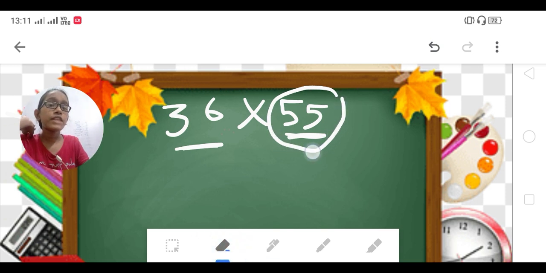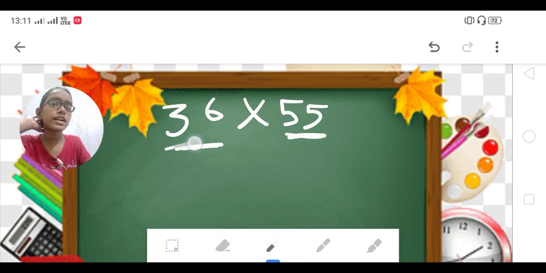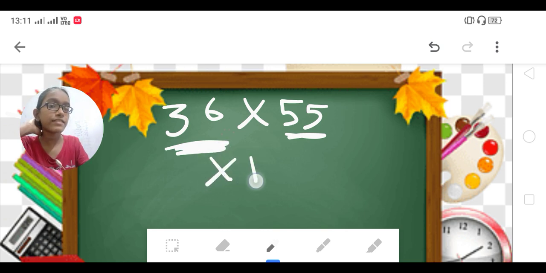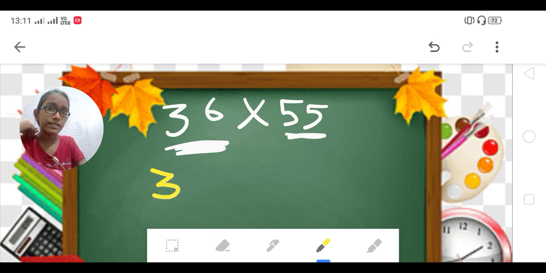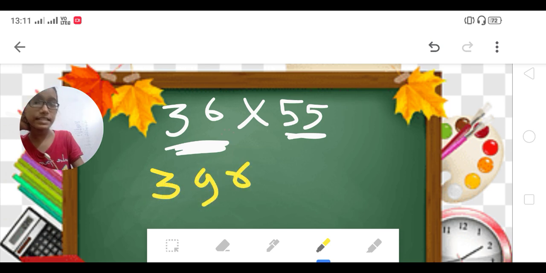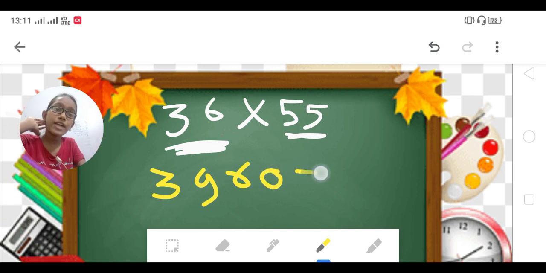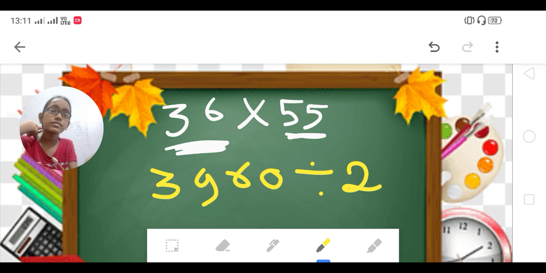And now if I need to do this, 36 I will multiply with 11. My answer will be 396. Simple. Now to 396, what you will do is add a 0 at the end and then divide this number by 2. Even more simple.